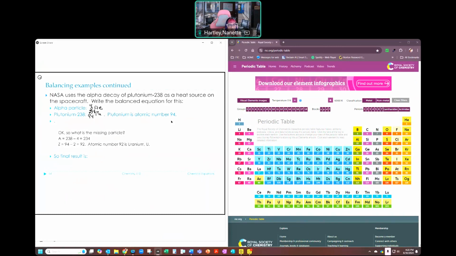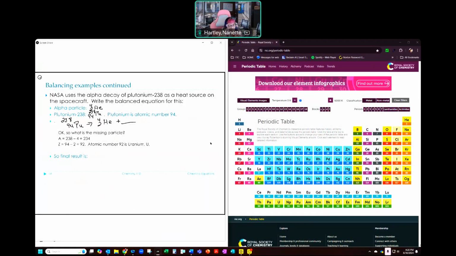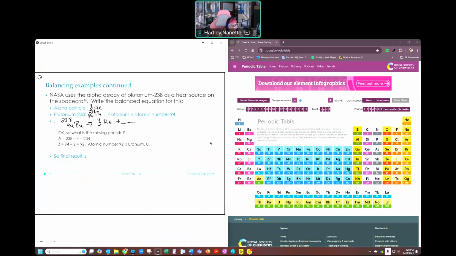Yay. All right. So it uses the alpha decay of plutonium-238 as a heat source. What that means is that I've got my 238, 94 Pu going to give me that 4, 2He and some other thing, because we're using that alpha particle to give me the heat.